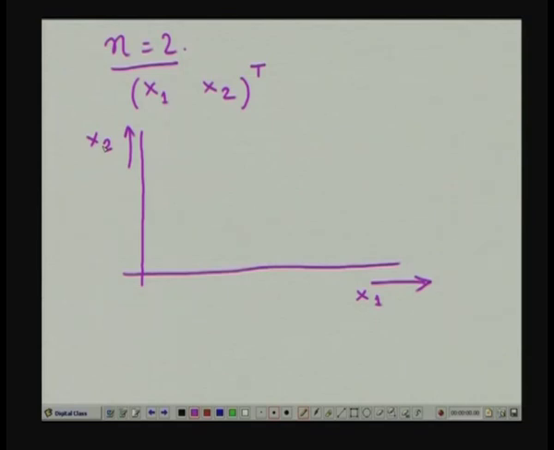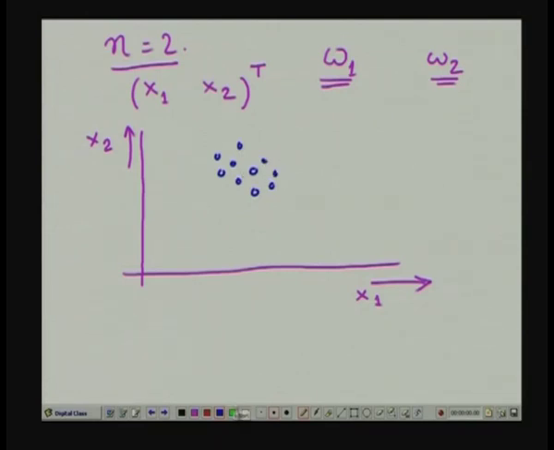Suppose we have two different classes of objects, represented by omega 1 and omega 2. So, omega 1 represents one class of objects and omega 2 represents another class of objects. Suppose the feature vectors of the objects belonging to class omega 1, I represent them by blue circles, like this.